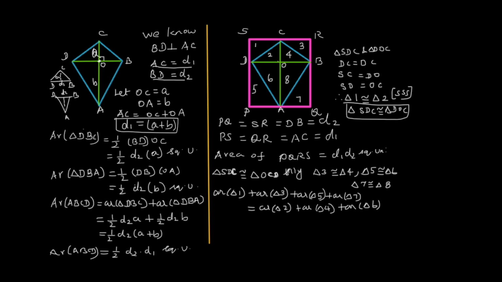So the kite occupied exactly half of the rectangle space.